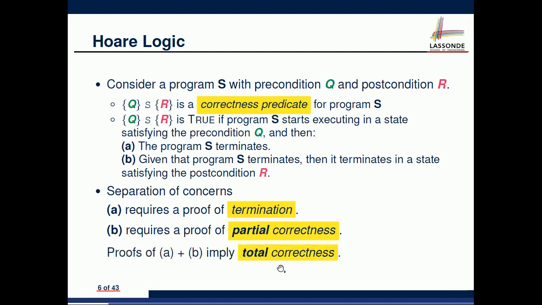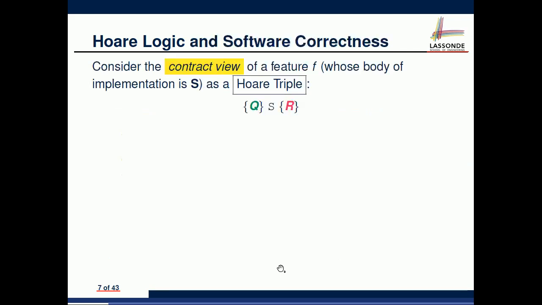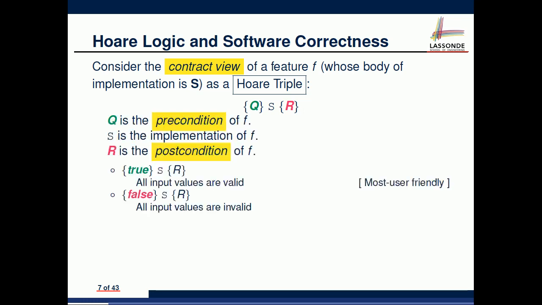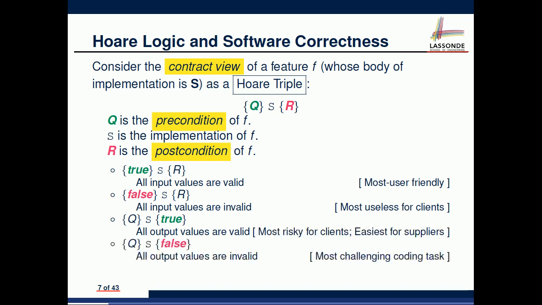Both together are called total correctness. Now I would like to give you intuition about how you can interpret that, and then we'll talk about weakest precondition. We also went through the different combinations over here, so that's something you can review.